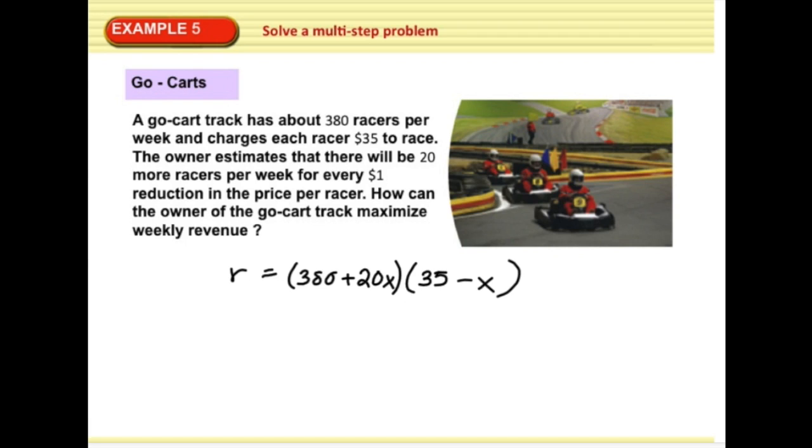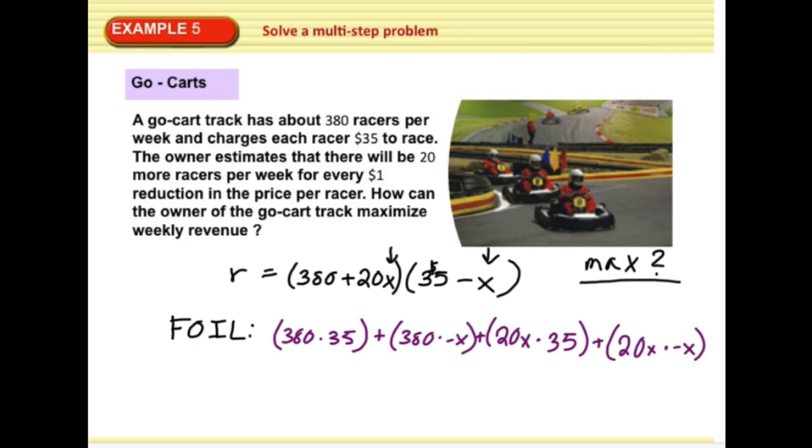Writing this function is harder than actually solving it. So I'm going to use a trick. It's called FOIL. You may have used it before. We're going to cover FOIL a lot in our next video, so I'm just going to speed through this for you. FOIL stands for first, outer, inner, and last.